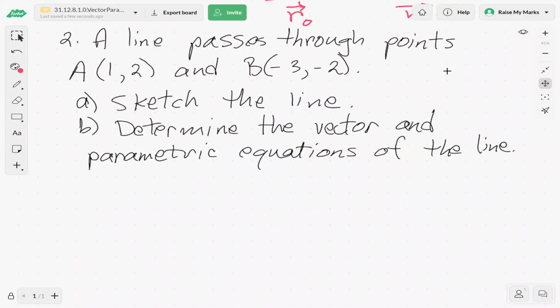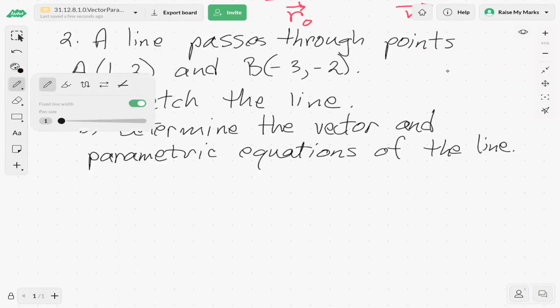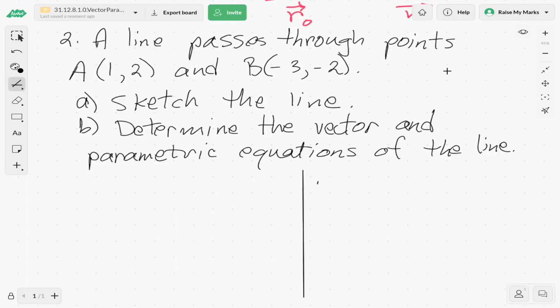A line passes through points A and B. Sketch the line. Then determine the vector and parametric equations of the line. Okay, let's plot these 2 points. I think that's the best way to sketch a line, plot points. So let's draw some axes in here. I think that's enough space.